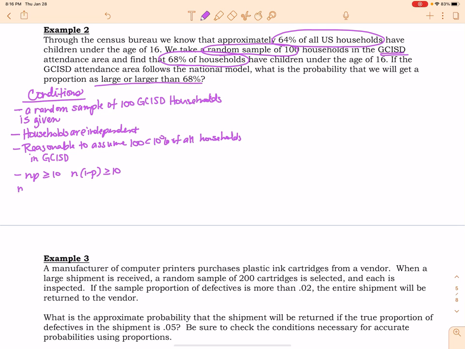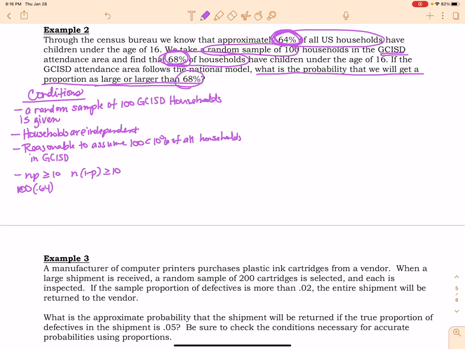So in this case, I am going to take my 100 here and multiply it by 0.64. 0.64 is the p that we're using because 0.68 came from GCISD, and we're actually comparing that to the national model, because notice, what is the probability that we will get a proportion as large or larger than 68?